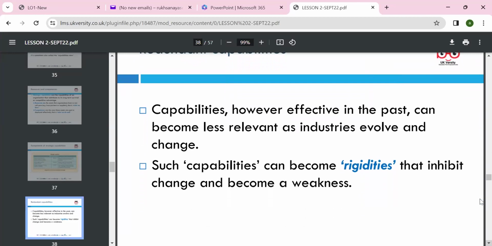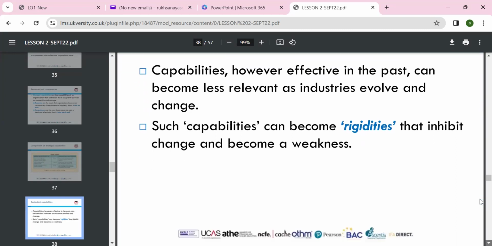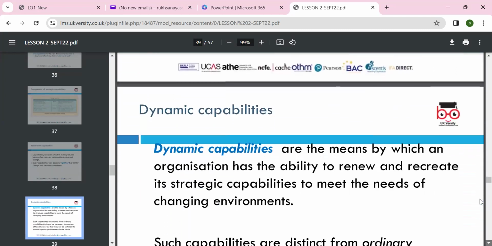Okay, sometimes capabilities become redundant and we carry on renewing them, because if you're good in one area like Nokia, in the long run it's very difficult. So we have to carry on re-innovating, carry on learning new things and changing, and carry on improving.